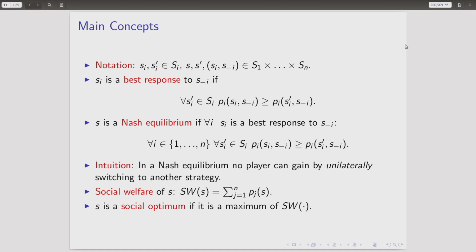And the intuition is, as I said before, that no player can gain by unilaterally changing his strategy. And social welfare, which is an additional concept, is useful to talk about social optimum. We just aggregate the payoffs for a given strategy over all players. And this function, called social welfare function, its maximum, it's called social optimum. So these are the only definitions you need.